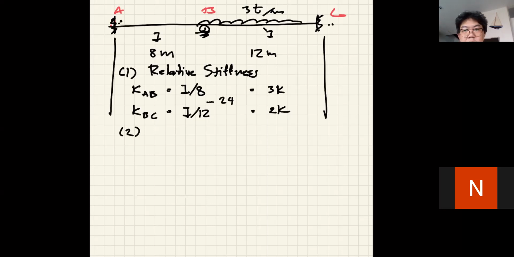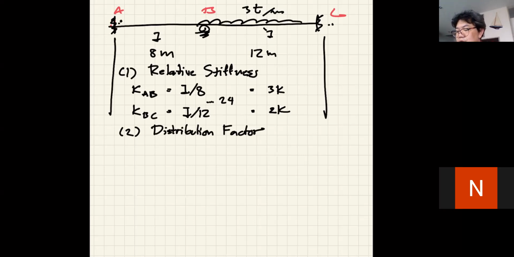The only problem is joint B, which can rotate. So it's joint B that we will focus on, and I need the distribution factor at joint B.